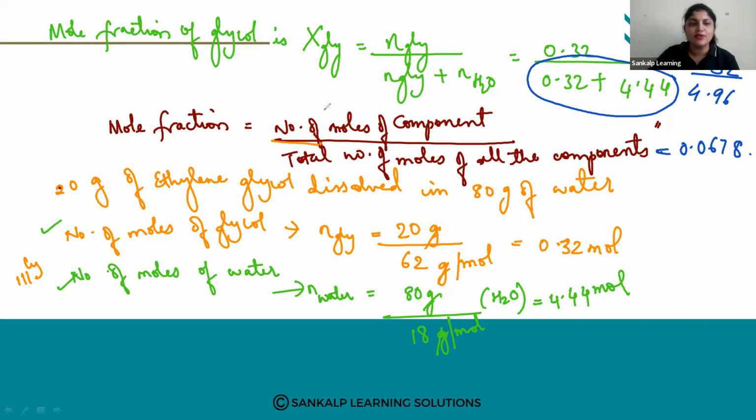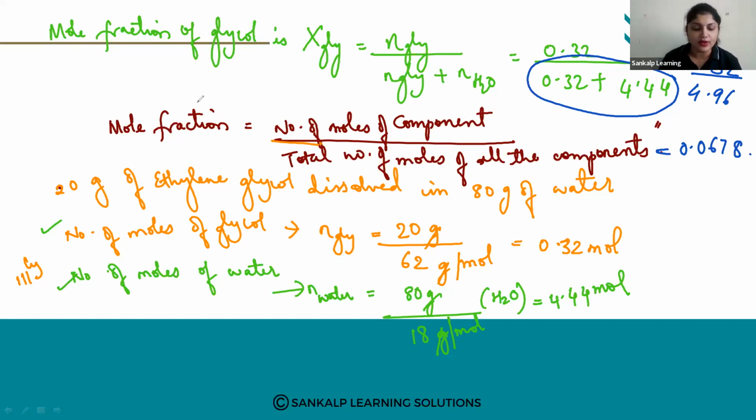See, now what is the formula? How to calculate mole fraction: it is the number of moles of each component divided by the total number of moles of all the components. Now, what was the question asked? The question was to calculate the mole fraction of ethylene glycol.